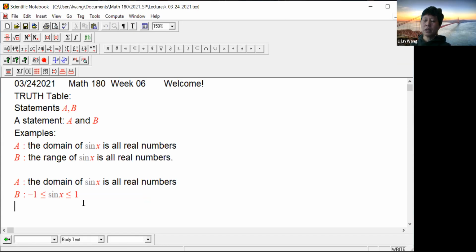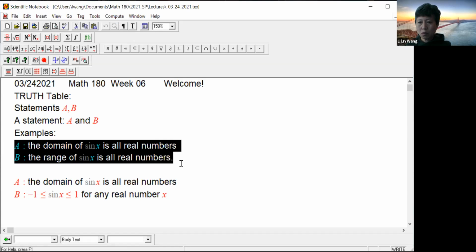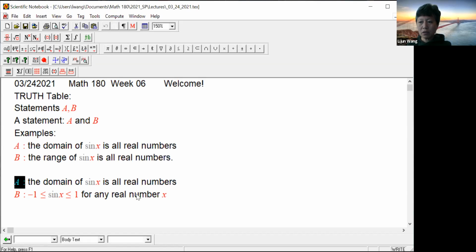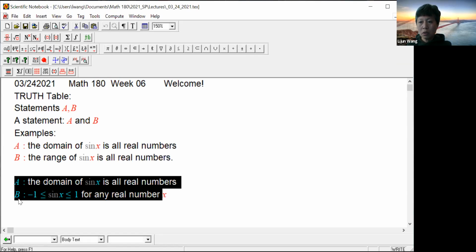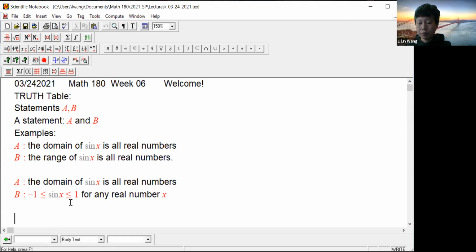B is also a statement. I'm using completely mathematical notation to say what? So this is two statements. One is true, one is false, and this is another pair. One is true, and the other one is also true. Both are true.